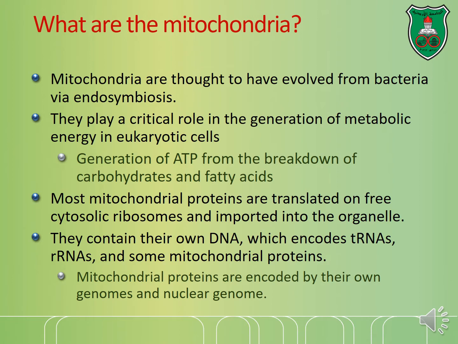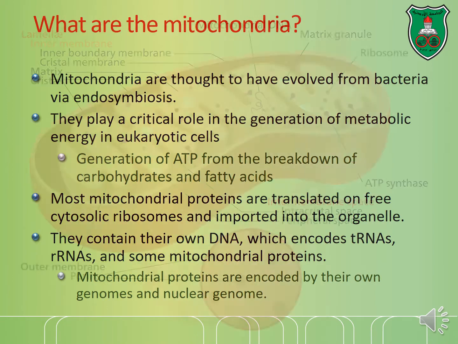Most of the mitochondrial proteins are translated from the nuclear genome rather than their own DNA. They do contain their own DNA, except that it only encodes a few proteins involved in the process of ATP generation.